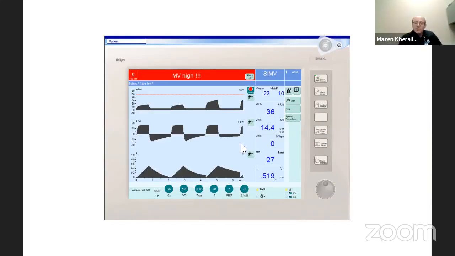So the auto-PEEP may be desired in certain situations as it improves your oxygenation, but in general, I would eliminate auto-PEEP completely if it is not needed. And I would like to control the PEEP externally that is set for the patient, so I can actually measure exactly how much PEEP I have.